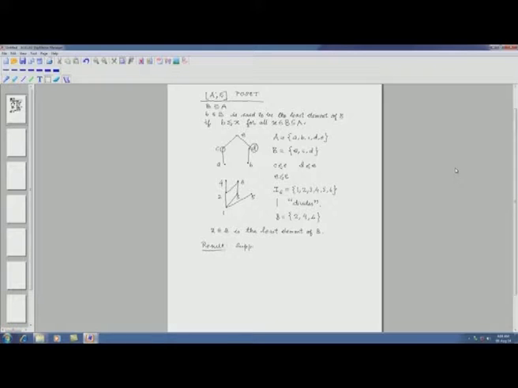Suppose B has a least element, then that least element has to be unique. We give a proof of this fact.